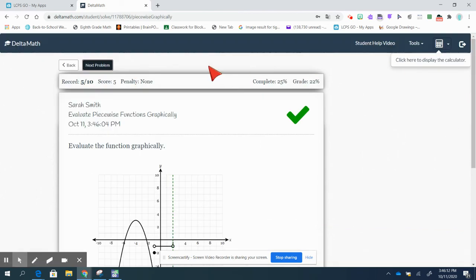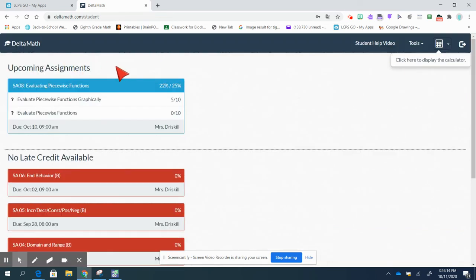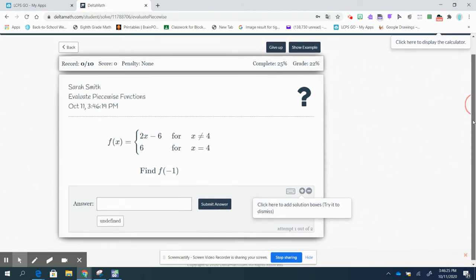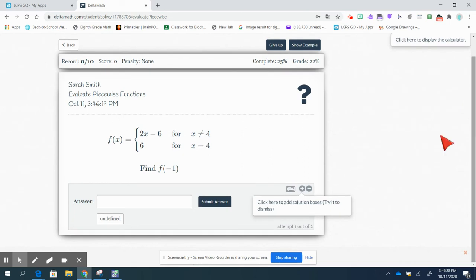All right, let's go back and try the other activity, which was just evaluate piecewise functions. Okay, once again, it might look a little confusing, but it's much less confusing than it appears at first. So now we have these two parts here.